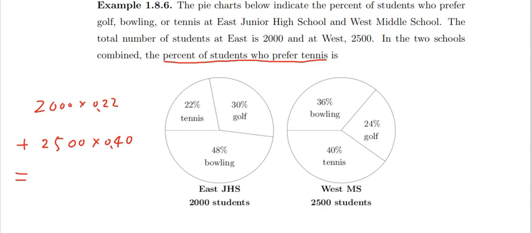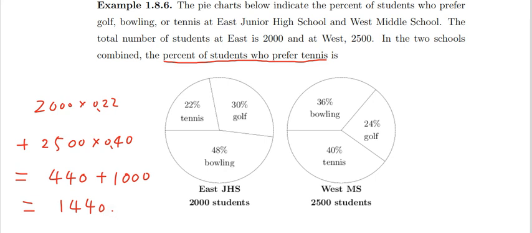So we can find this equals 2,000 times 22%, which is 440, right? Then plus the 1,000 from the other school. So totally we have so many.